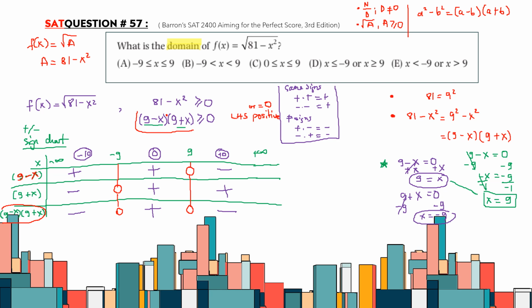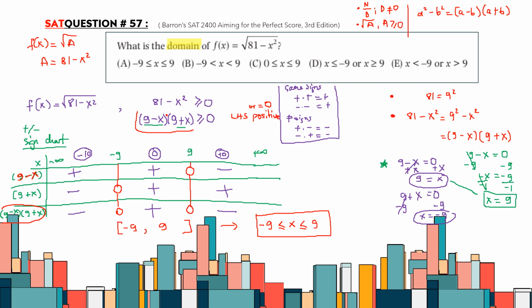So we choose this middle interval. We use brackets because it includes negative 9 and 9, where the product equals 0. So negative 9 comma 9 in brackets. This interval is the same as x greater than or equal to negative 9 and less than or equal to 9. So this is the right answer.